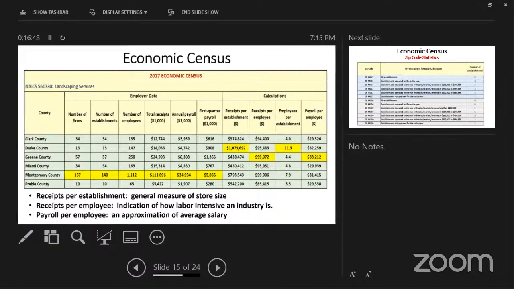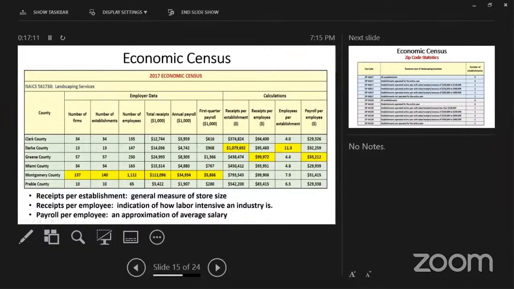So here I pulled the same thing, 6 counties in Southwest Ohio. Here's the Economic Census data. On the left side, you see the employer data. This is all Economic Census data. On the right side, these are my own calculations.